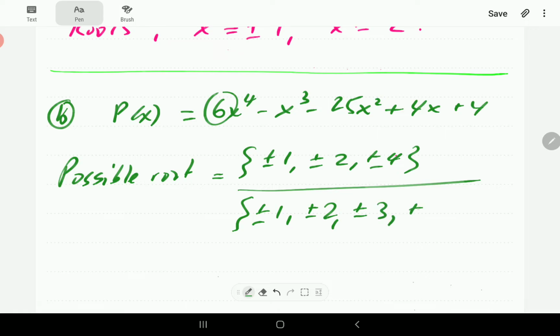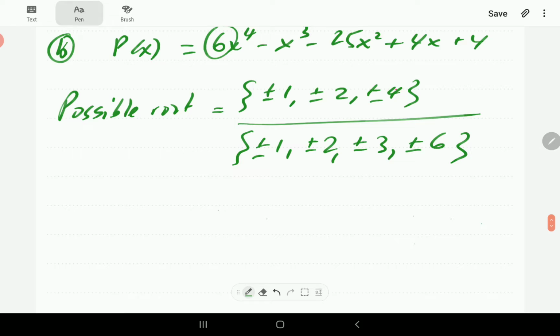So 1, 2, 3 and then 6 there. And then we're going to do all possible divisions. So at first, we're going to divide these numbers by plus or minus 1, in which case the numbers are going to come back exactly as they are. So 1, 2, and 4.